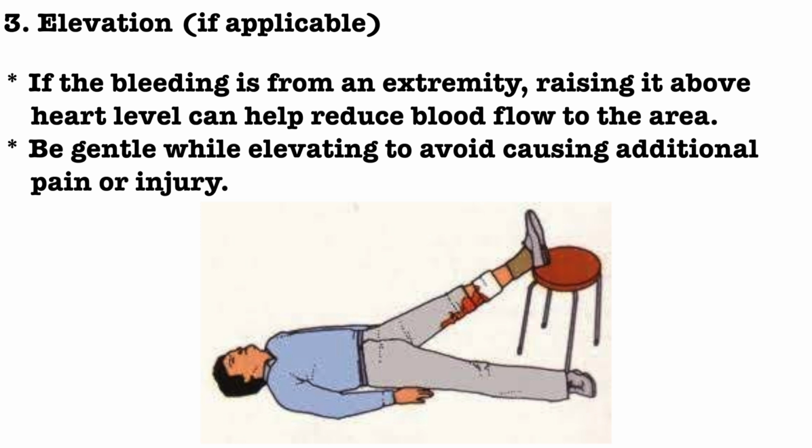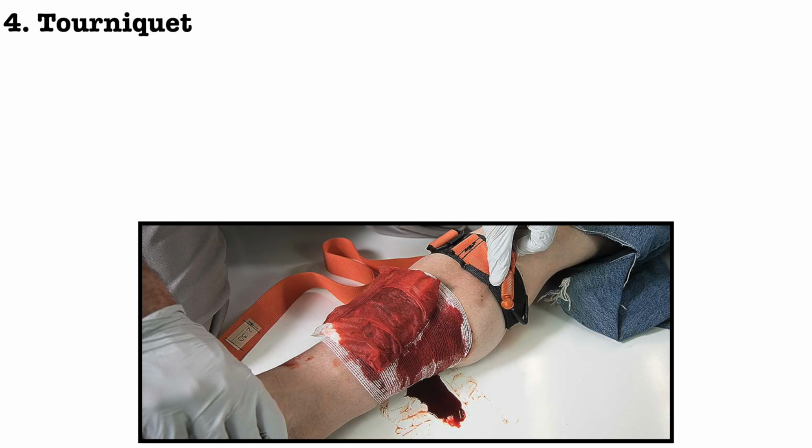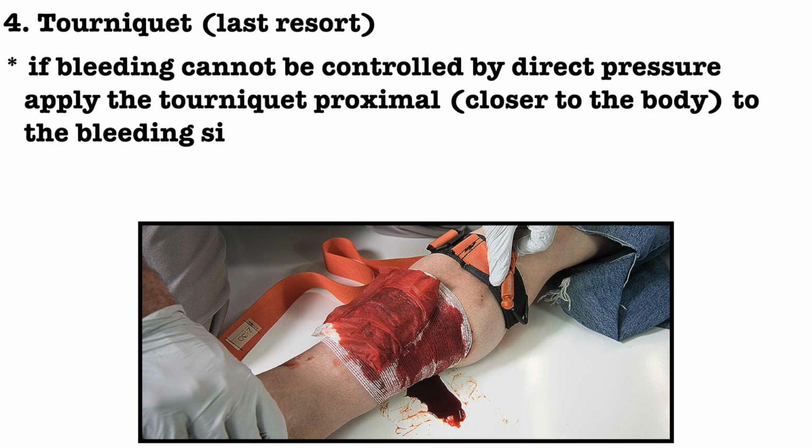Then last resort means use the tourniquet only as a last resort. If bleeding cannot be controlled by direct pressure, apply a tourniquet proximal, closer to the body, to the bleeding site.